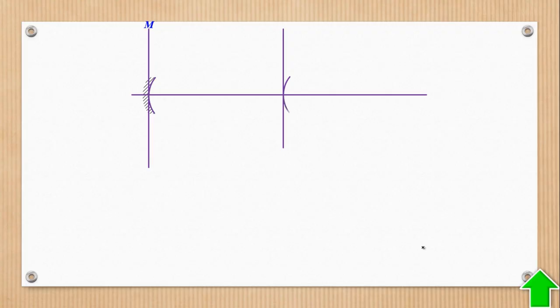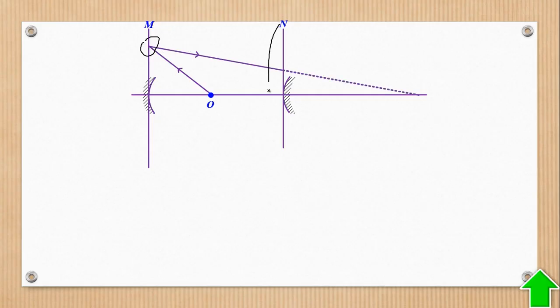So that is M, there is N, this is the object, reflection is first at M, so it is reflected, and in absence of this N, it will form an image here. Now we call it an intermediate image because there's a second mirror. Therefore, because of the presence of this mirror, the final image will be here.